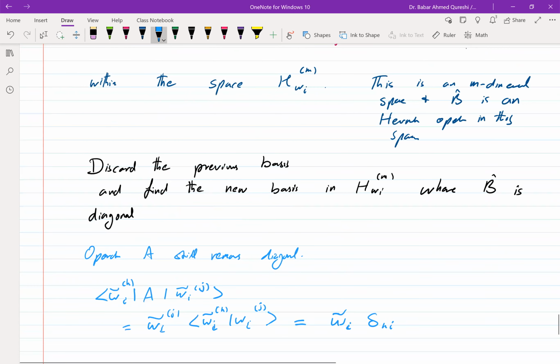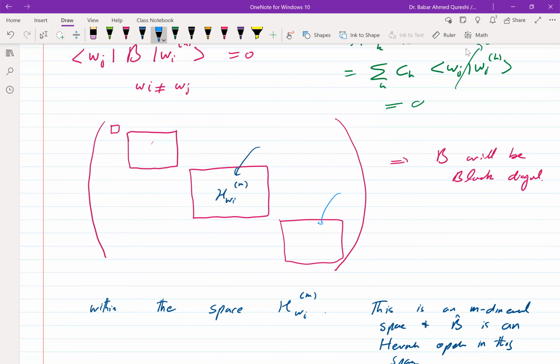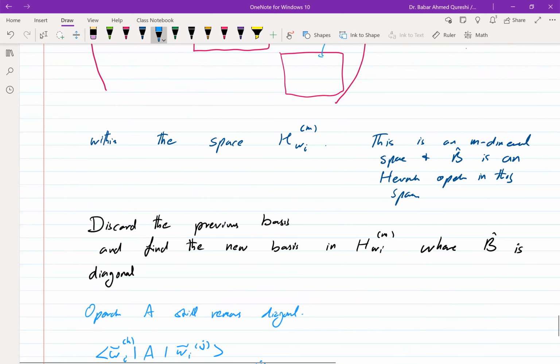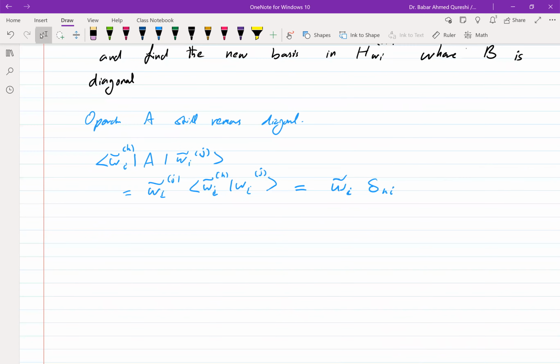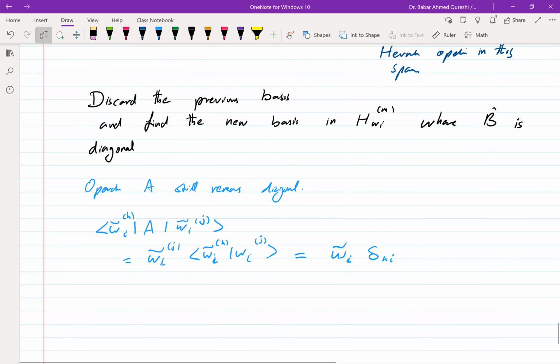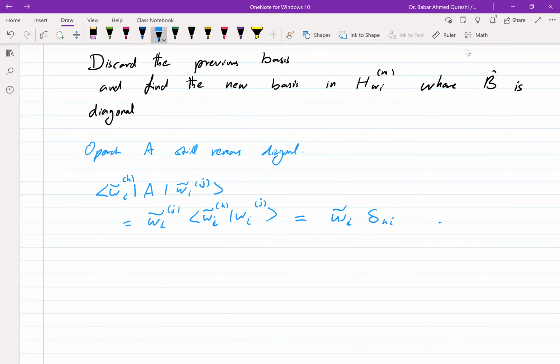So I can keep doing it for each block, and what I will end up with is a basis where both of them are diagonal. I think I have proved it.